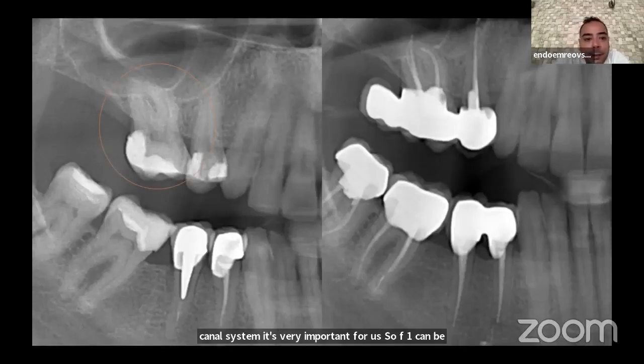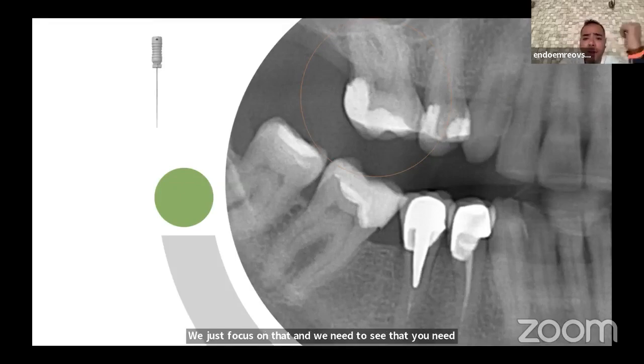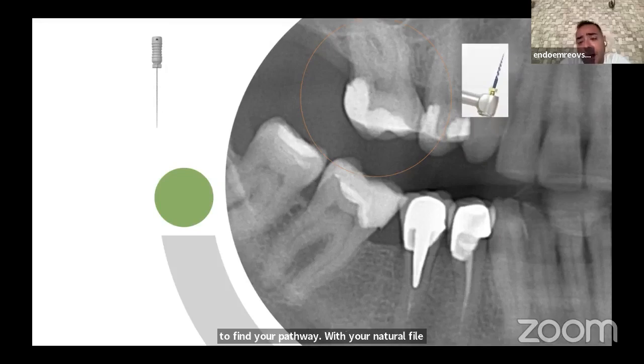So if you see a tooth like that, and maybe it will be a bridge restoration, we just focus on that, and we need to find the pathway with a glide path file. Then I use AF Blue rotary SX for my coronal application.